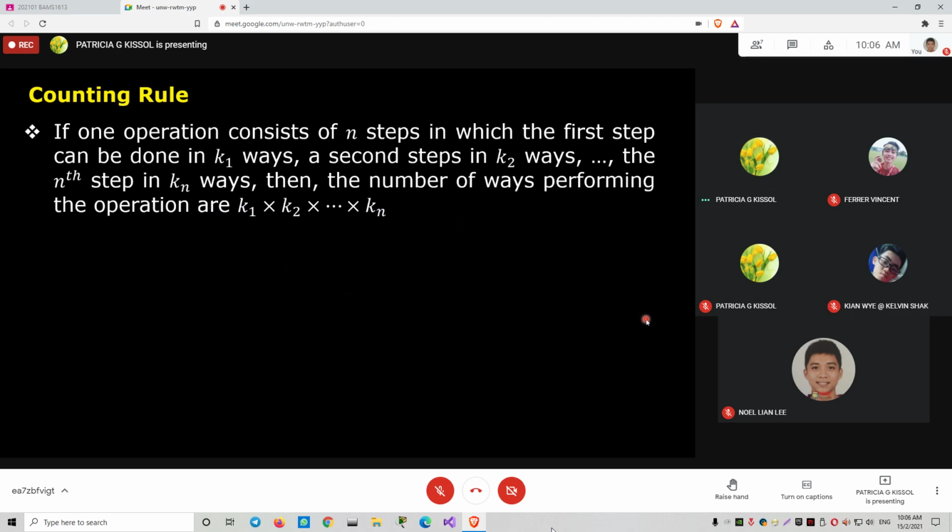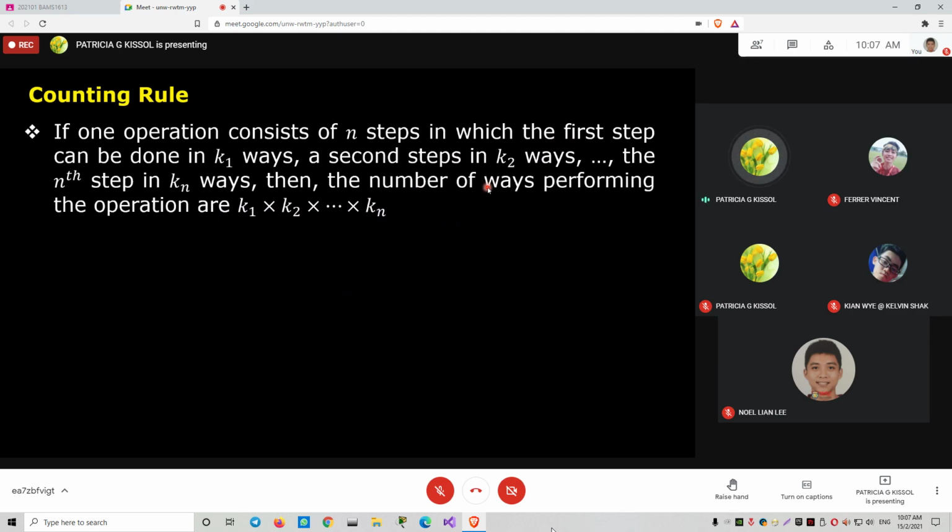That means k1 times k2, and you multiply until kn, depending on how many steps that you have. Yeah, so it's just a process of counting.